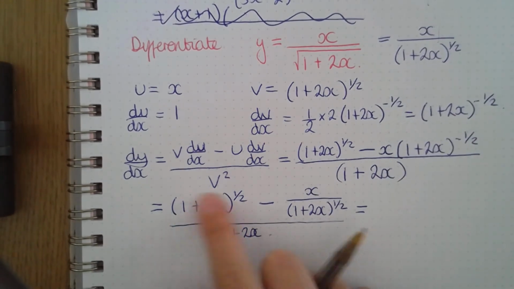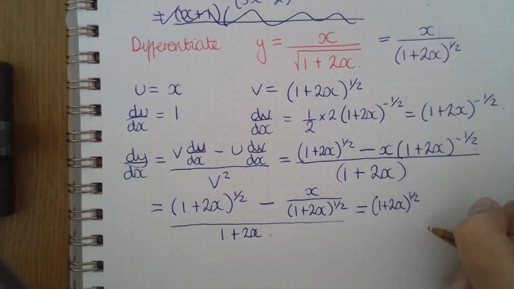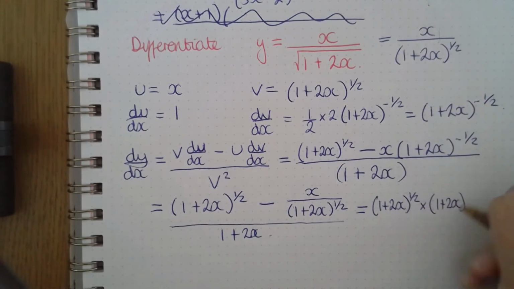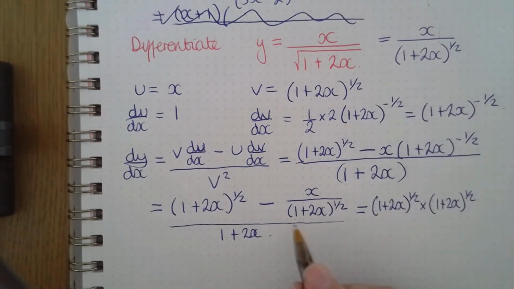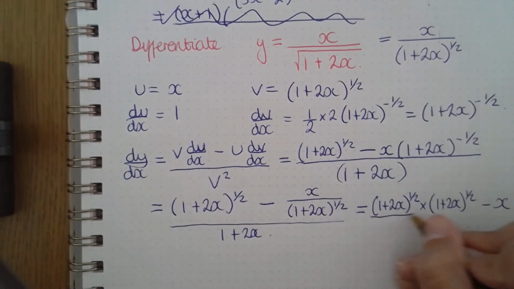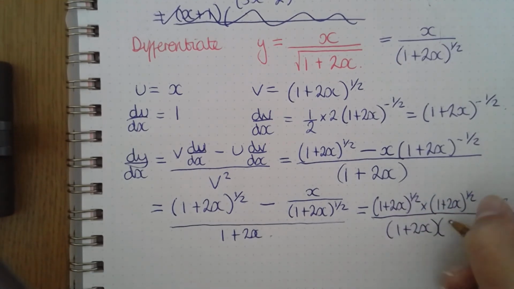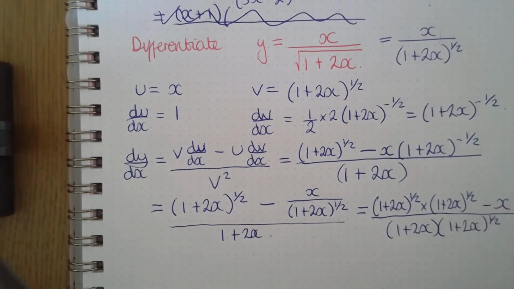So this, I would have 1 plus 2x to the power of a half times itself again, so times 1 plus 2x to the power of a half. If I multiply this by 1 plus 2x to the power of a half, I just get take x. And my denominator, I would get 1 plus 2x times 1 plus 2x to the power of a half. So that's got rid of that horrible denominator that was part of my numerator as well.